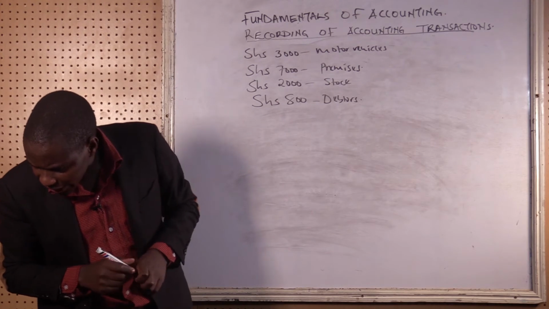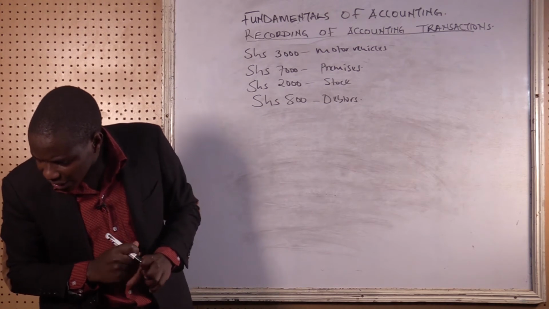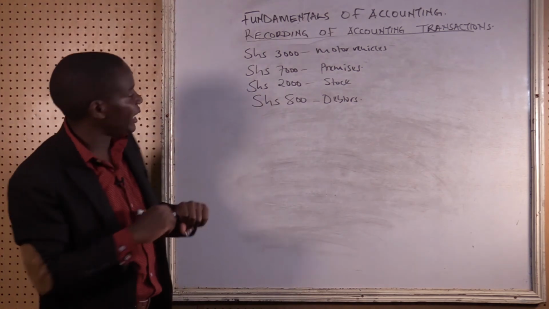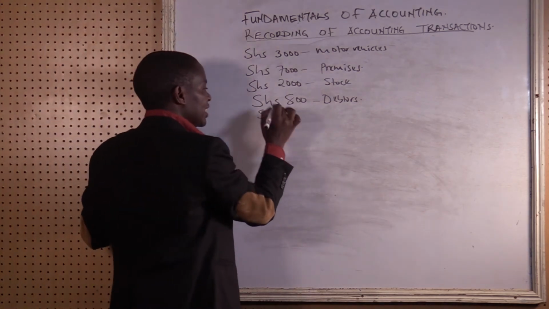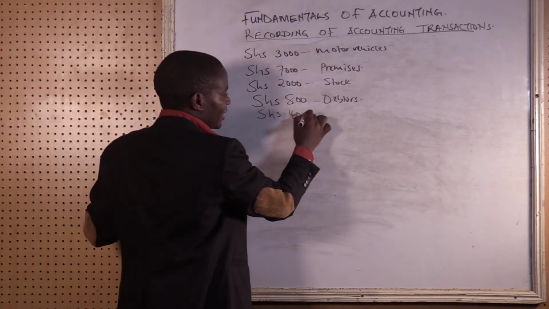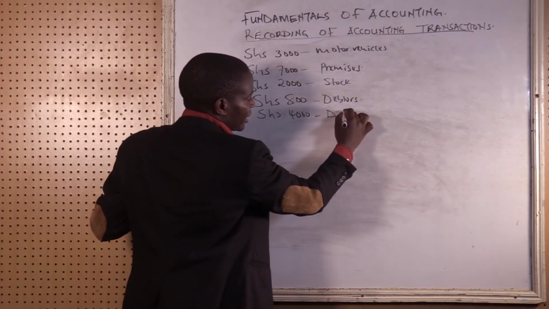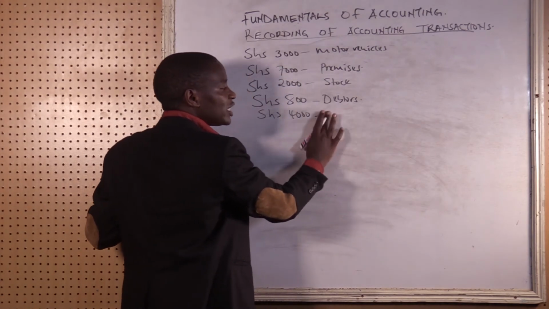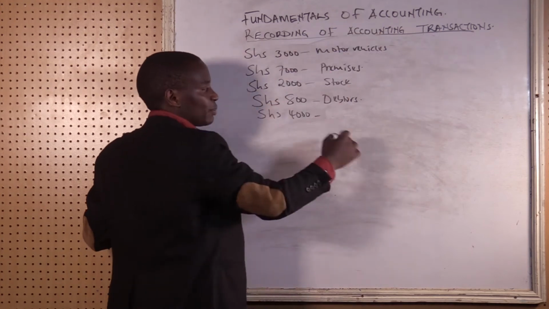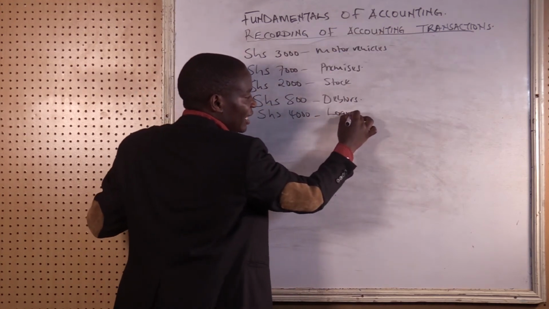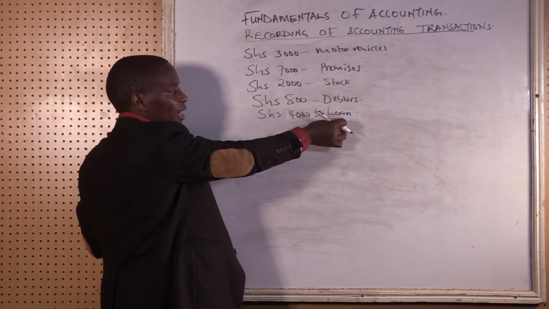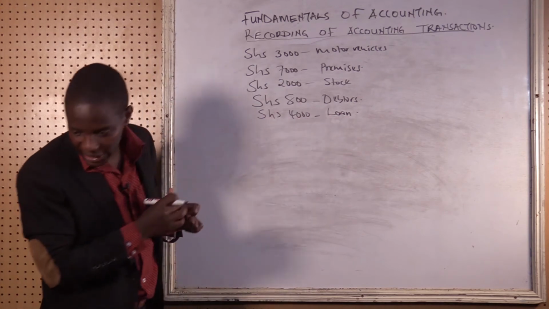Then he had borrowed shillings 4,000 from D. Evans. So we shall not call this one D. Evans because it's something that he had borrowed. So we can say D. Evans had given him a loan of 4,000.